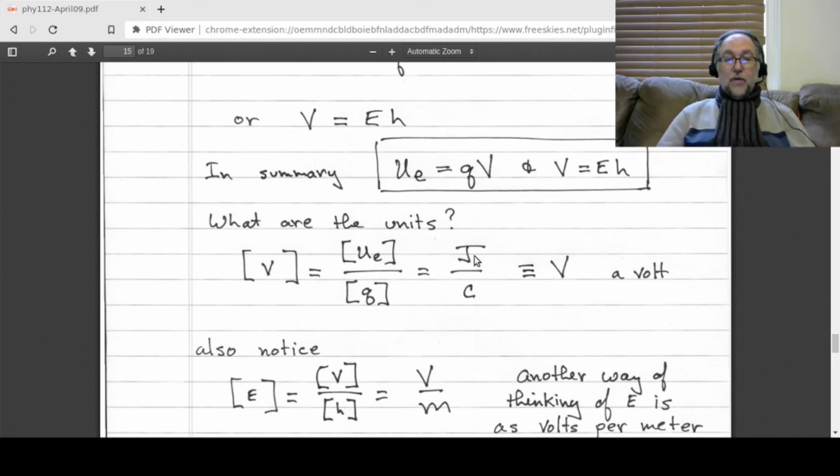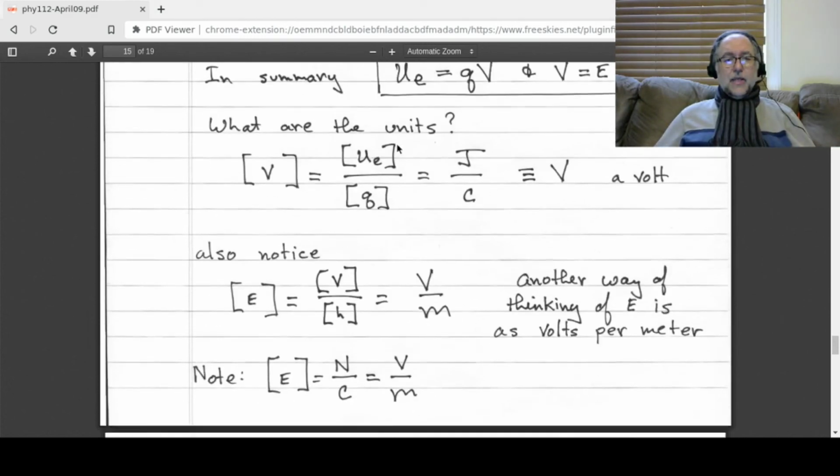So with a 12-volt battery, for every coulomb that flows out of that battery, it's delivered 12 joules of energy. Or a 9-volt battery, again, it would be 9 joules for every coulomb that flows out of the battery. So it's not exactly an energy, it's an energy per unit charge that either flows out of the battery or that is at a particular point in space.